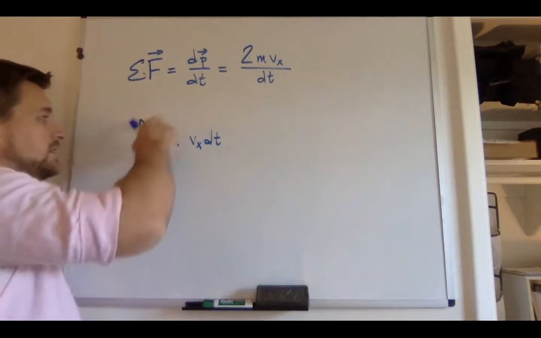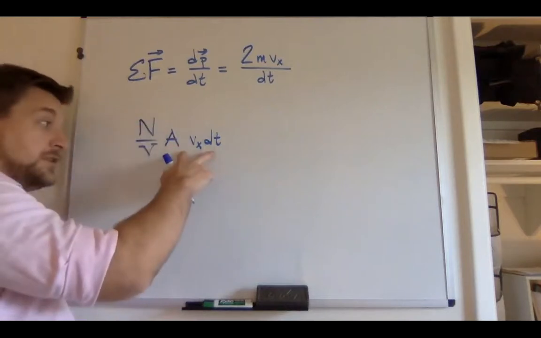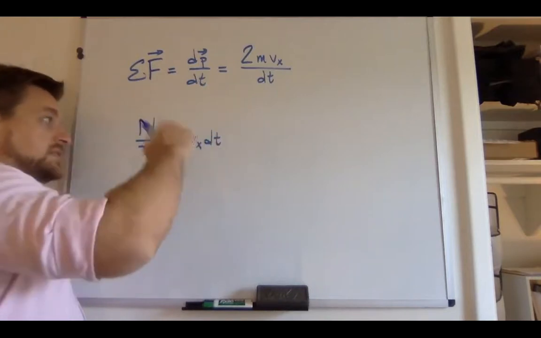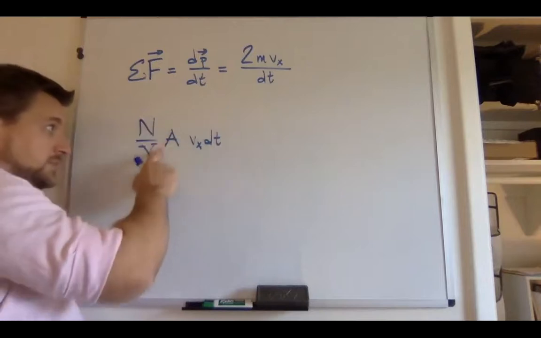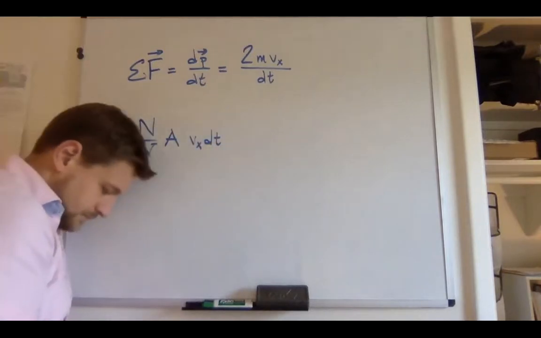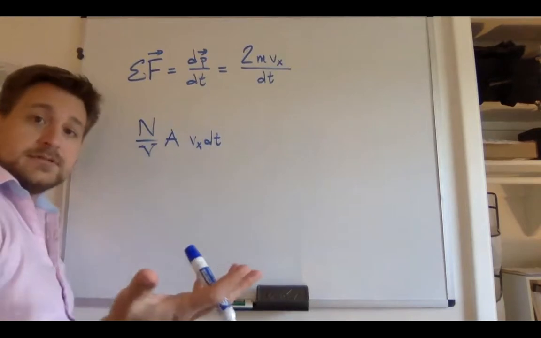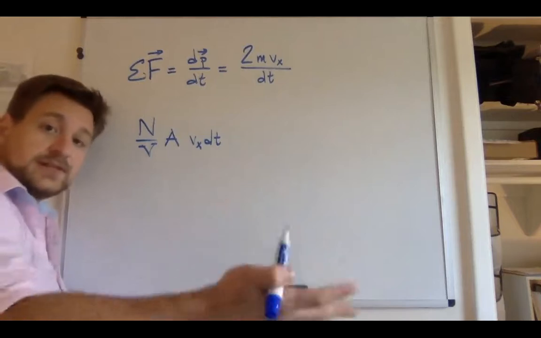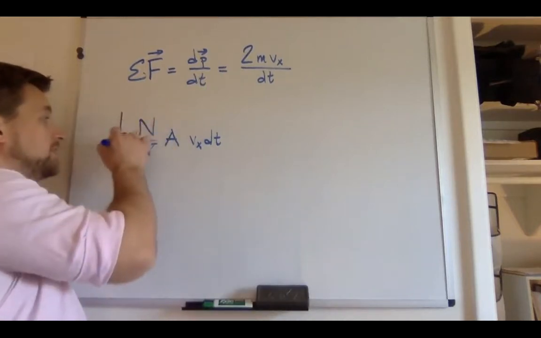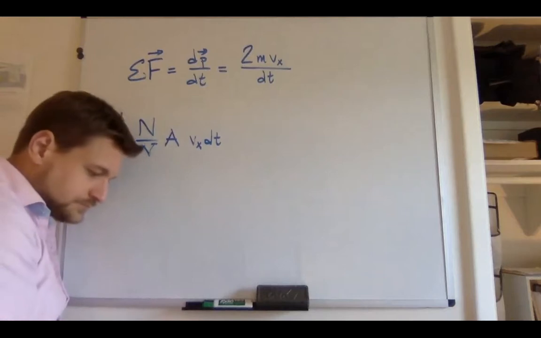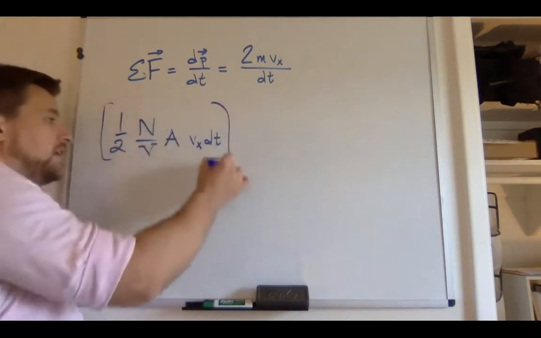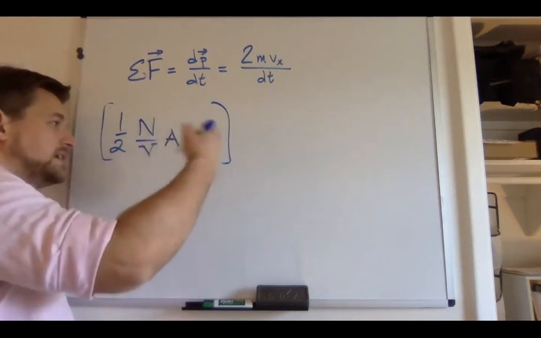So this is the number per volume, and this is a volume, which gets us the number of molecules that live in this volume on average. On average, half of them are going one way and half the other way, so the half that are going to hit the wall are a half of this. And this is how many molecules are going to hit the wall.